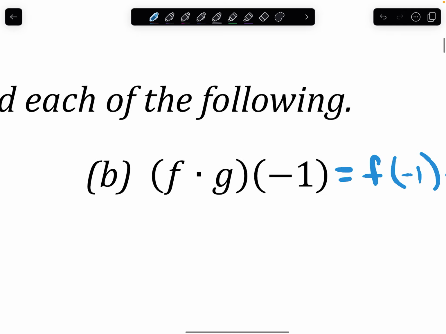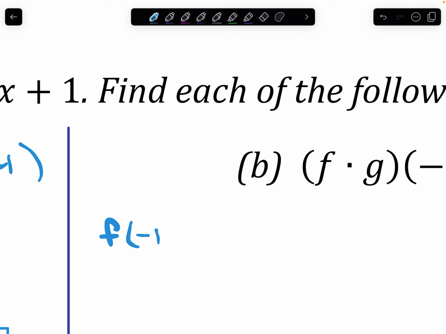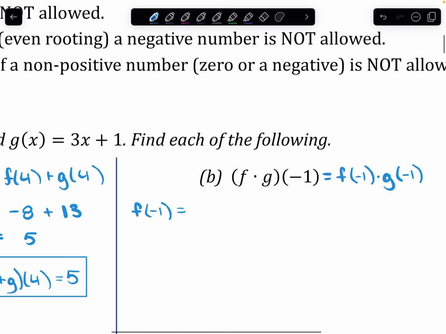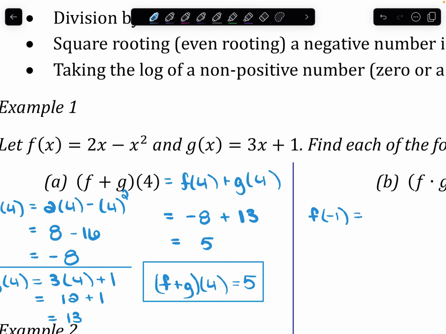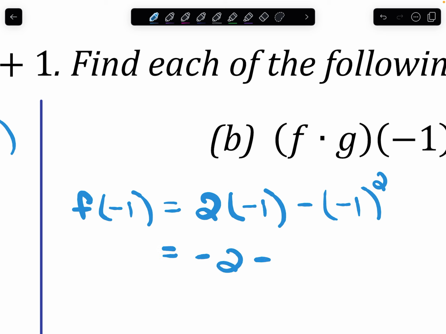All right, so I'm going off to the side again. f of negative 1 is 2x minus x squared. So 2 times negative 1 minus negative 1 quantity squared. We get a negative 2. Minus, order of operations, negative 1 squared is 1.